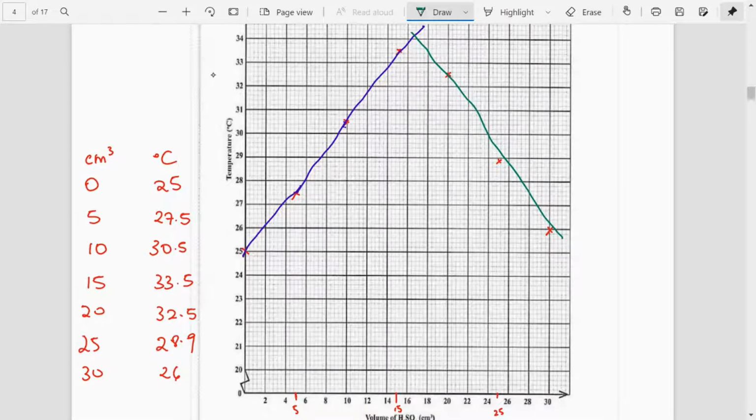Nope, that's not the line. Let's try and do that a little bit better. See if we can actually go through all of them.